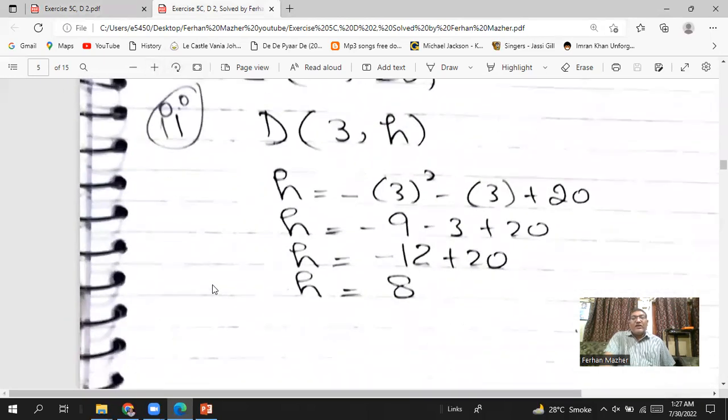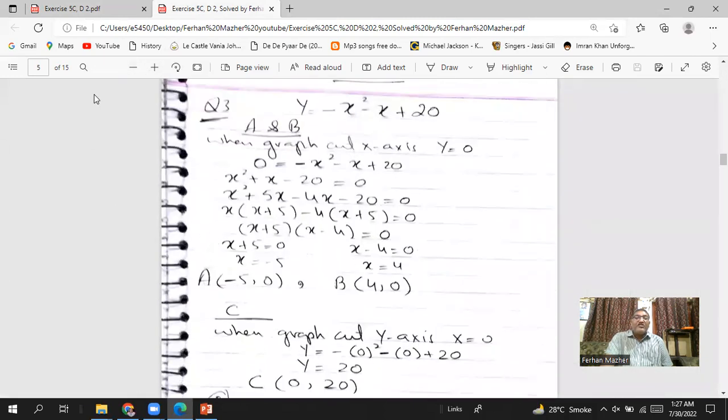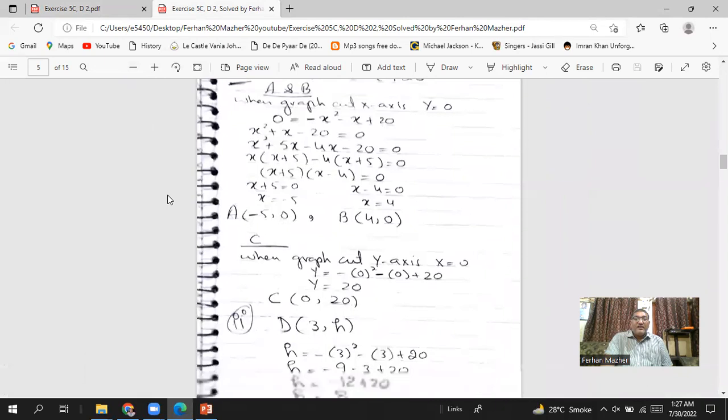So h will be equal to minus (3) squared minus (3) plus 20, and that will be 8. So the value of h will be 8. So this is how you will do this question. Hopefully you understand. This is how you do question number 3.